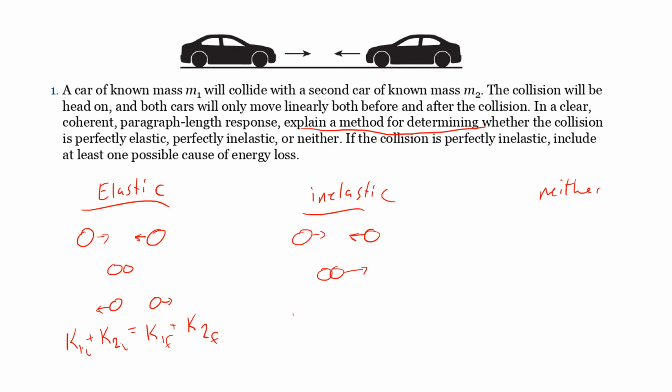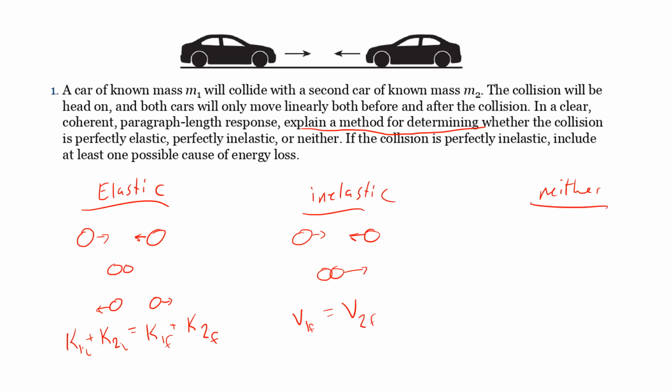Well, what you're going to know is if the velocities are the same. This is the same question we had before. So velocity 1 final is equal to velocity 2 final. If those are equal to each other, that would figure out if it were inelastic. All right, and you'd lose kinetic energy in that situation as well.